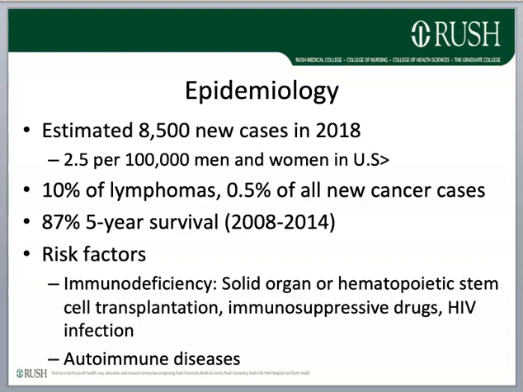There's an estimated 8,500 new cases from 2018. It's only about 10% of all lymphomas and less than 1% of all new cancer cases. Because of somewhat of its indolent nature and also improved treatment, there's about an 87% 5-year survival.